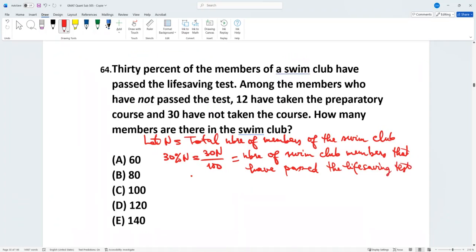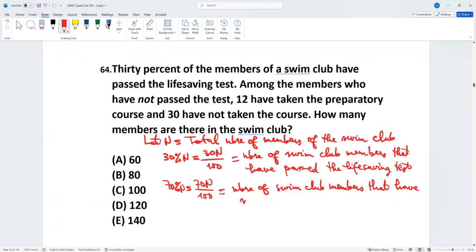Okay, so if 30% have passed the life-saving test, that means that 70% of the members, or 70n over 100, is actually equal to the number of swim club members that have not passed the test yet. So that's how you get this particular value.